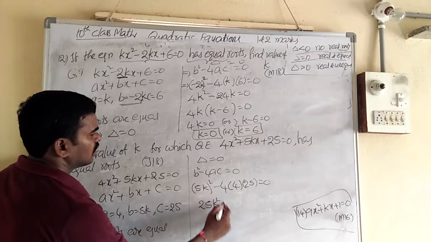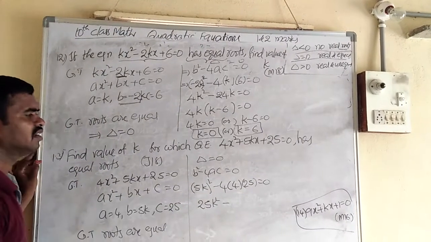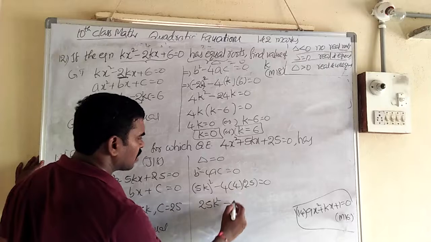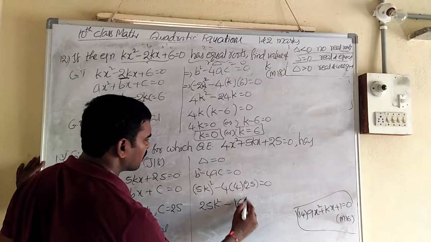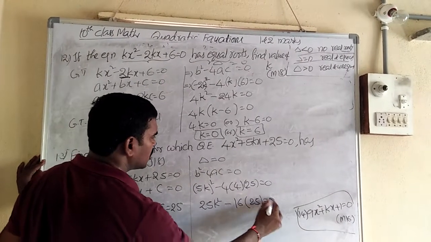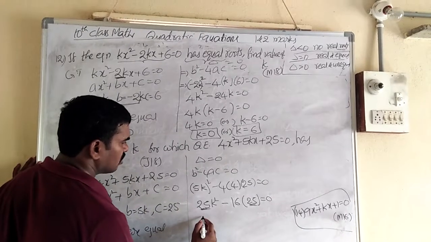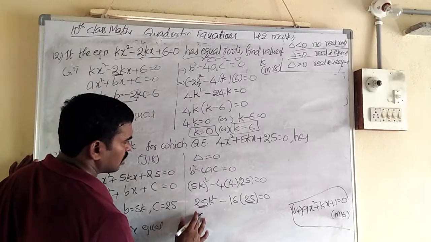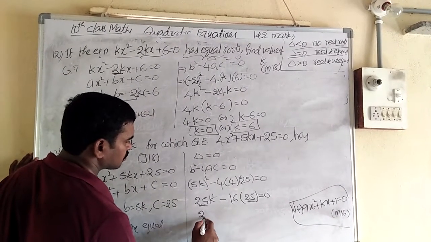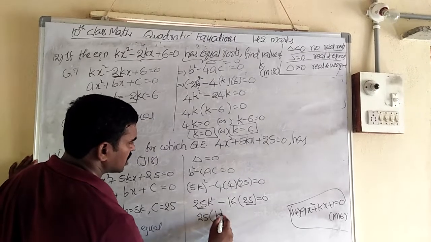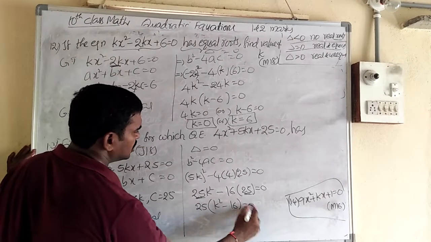Simplifying, I am keeping the asterisk and not multiplying: 4 into 4 is 16 into 25. I think you understand, 25 can be taken out common. So k square minus 16 equals 0.